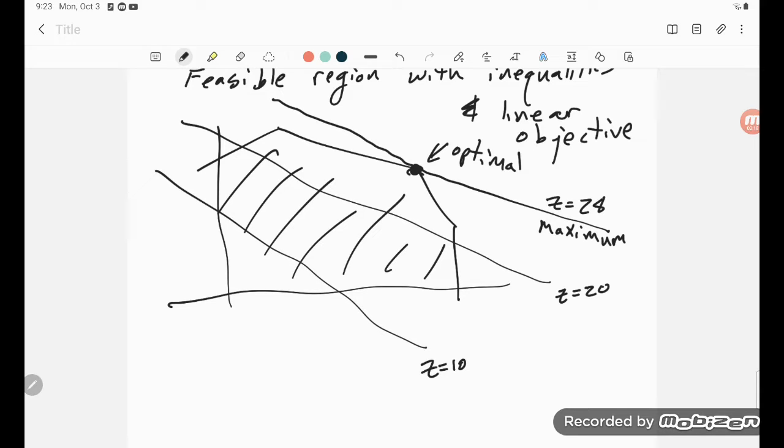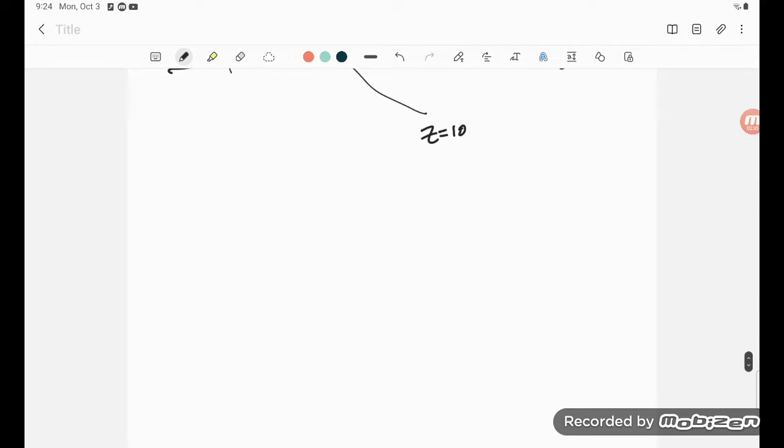And so we looked for that biggest value of z that was just barely touching the feasible region. And with linear objectives, that's going to be how it works. Now, also in Module 5, we had a feasible region with one equality.